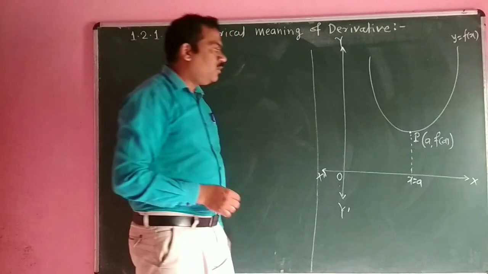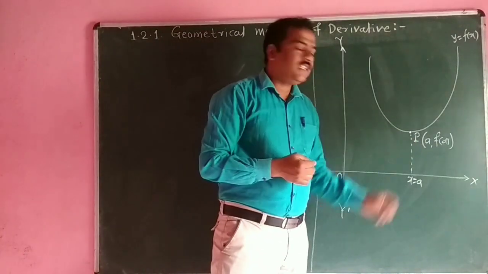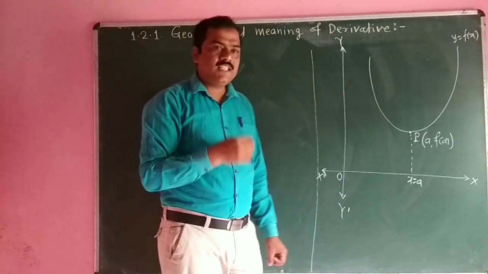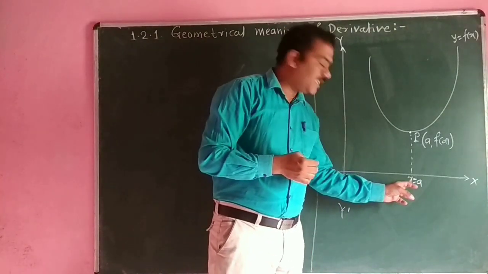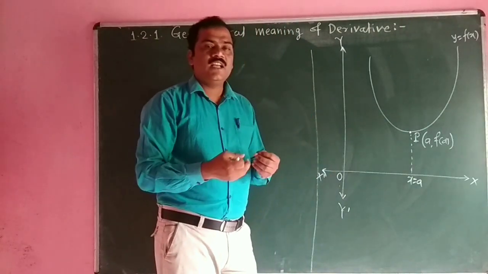Now we have to take another point to the right side of the point P such that the value of x is increased a little by h.